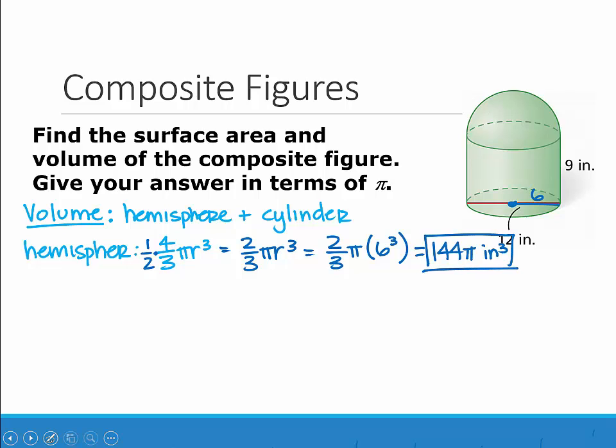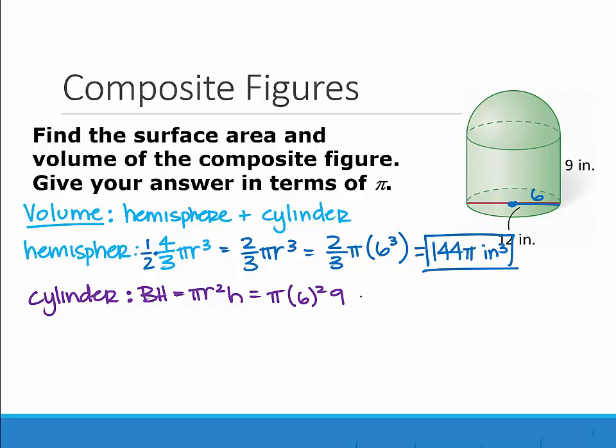Now I've got to do the same thing for the cylinder, and then we've got to add them up. Remember, the volume of a cylinder is base times height, and the base of a cylinder is pi r squared, times the height. So we have two values to plug in here. The radius is 6, and the height of the cylinder is 9.